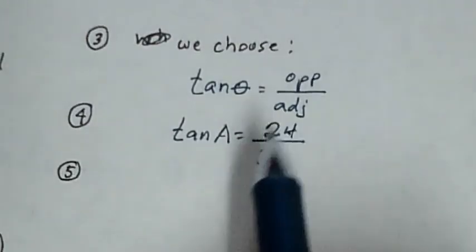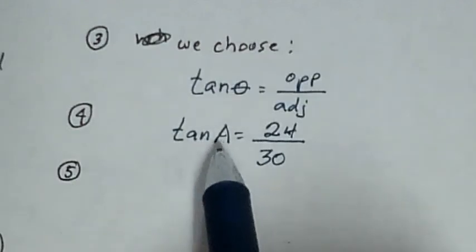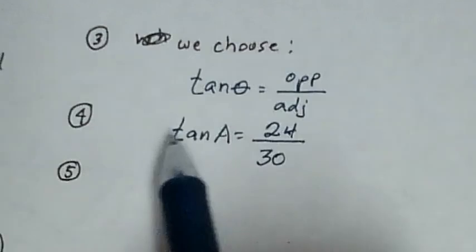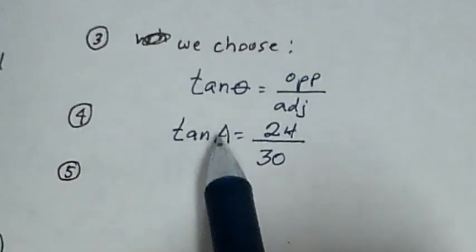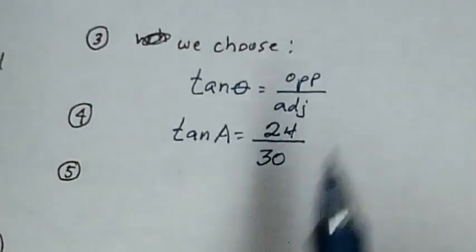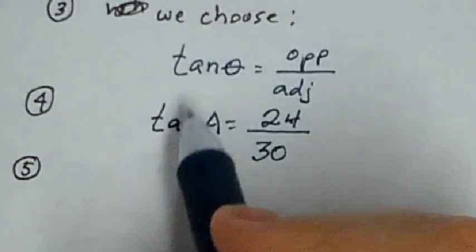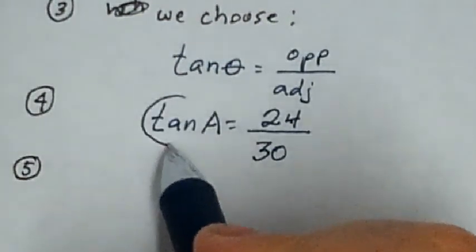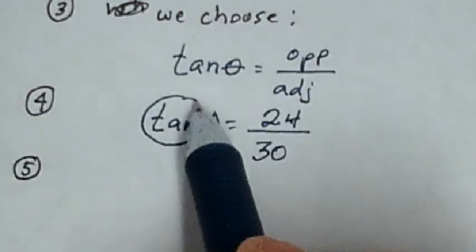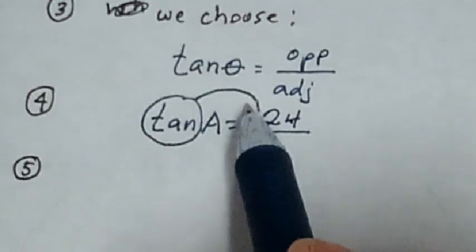So when you're solving for A, but the left-hand side says the tangent of A, or it could say the sine of A, or the cosine of A. Solving means isolate that A. So the only way you have of isolating it is to do the following. The only way to remove the tangent, you see that tangent right there, is to literally move it to the other side of the equal sign.